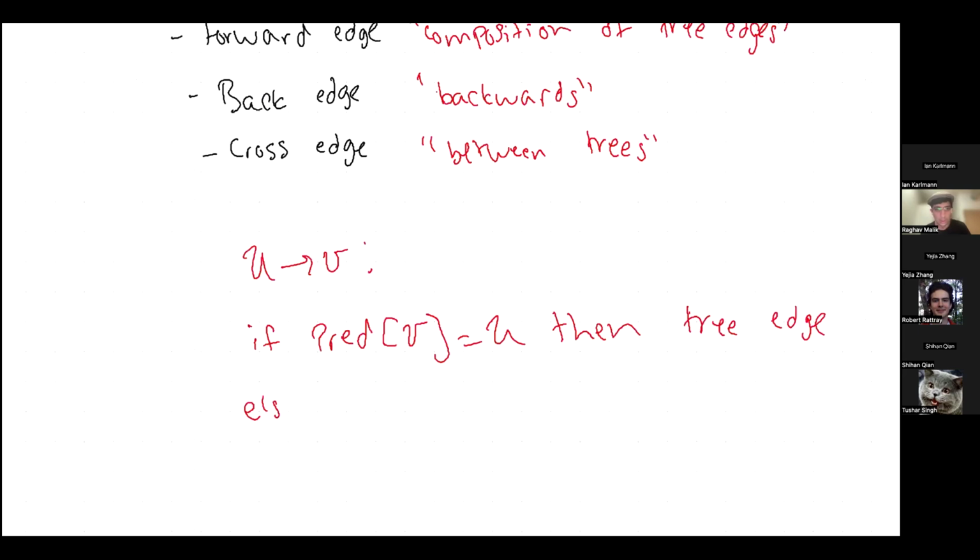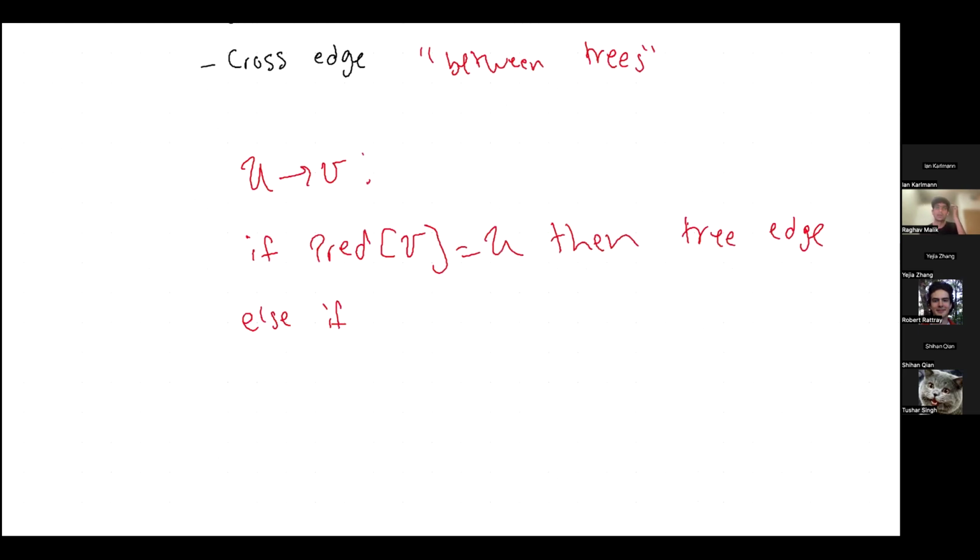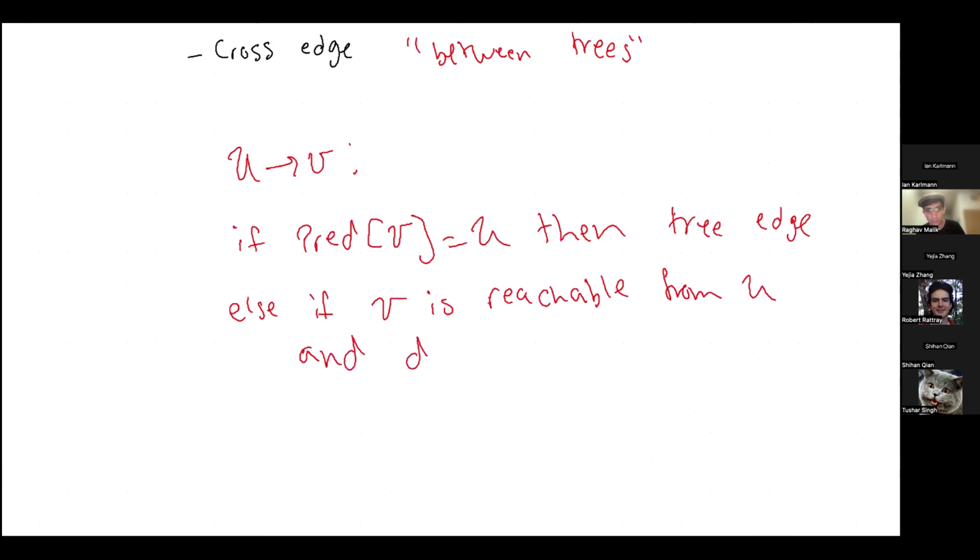Otherwise, if V is reachable from U, and V was discovered after U, right? Then it's a forward edge.